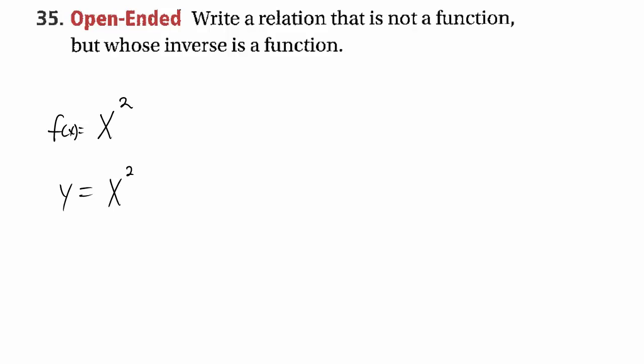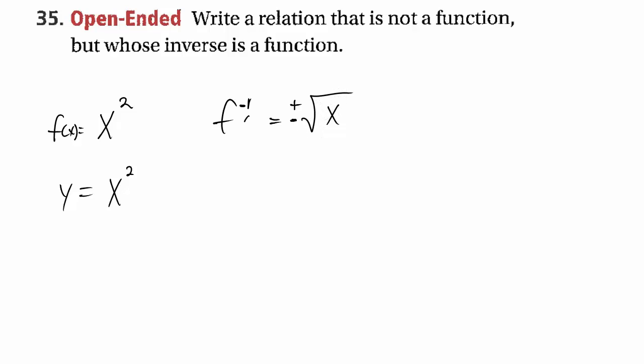Well, I know that if I do the inverse of x squared, I get square root of x, but don't forget you also have to do the plus case and the minus case, plus or minus square root of x, because square root of x by default means principal square root.